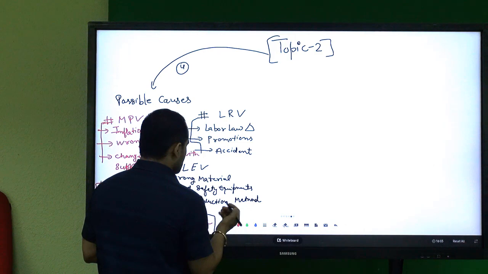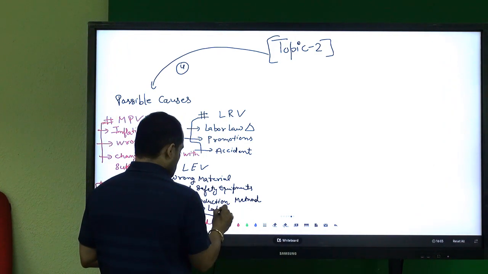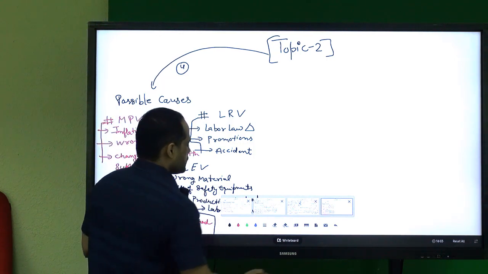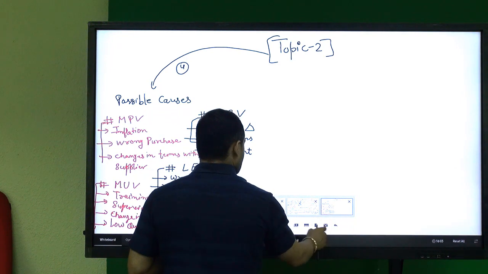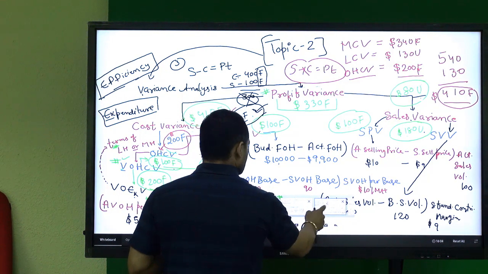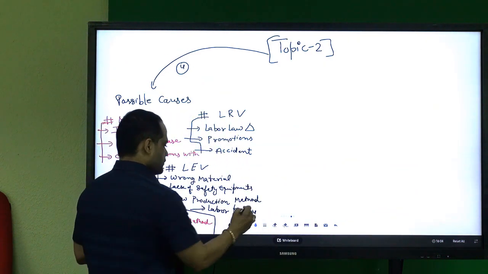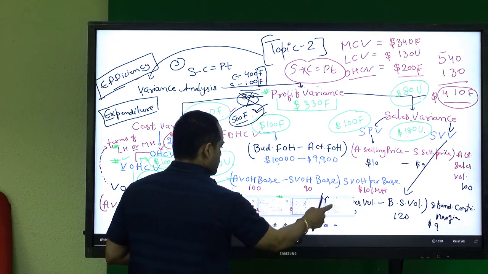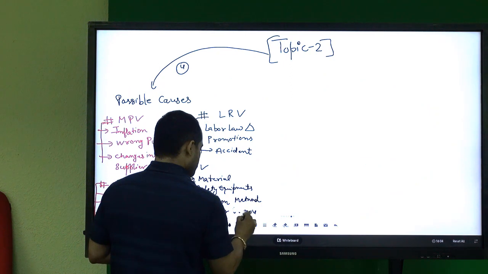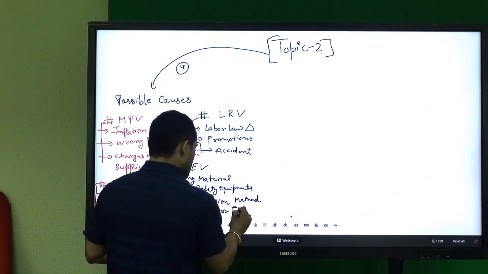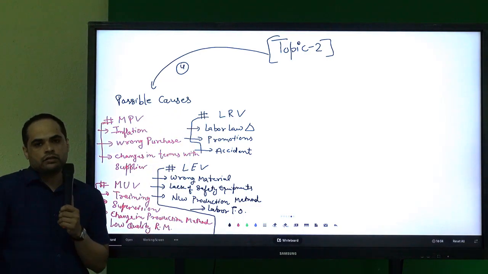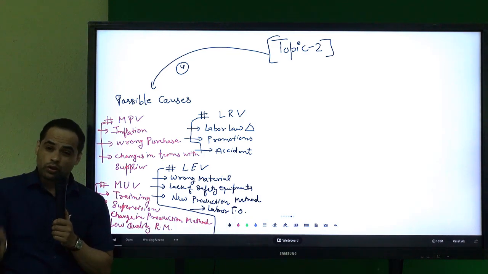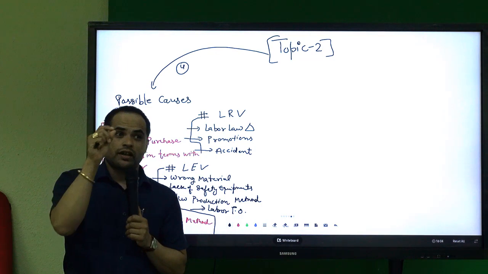Another reason could be labor turnover. Labor turnover could be a reason for the labor efficiency variance, which can give a negative impact, because if you have fewer workers, the impact on the existing workers will be high.